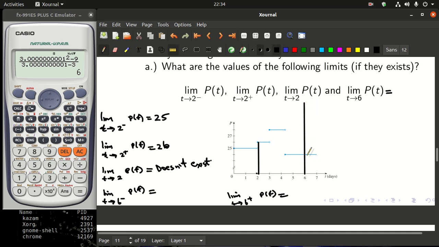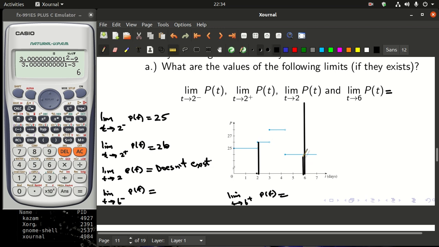So this is the output at t is equal to 6. But I don't care what is happening at that point here. I wanted to first see if I were to pick a point just on the left of 6. So I would pick a point maybe somewhere here.